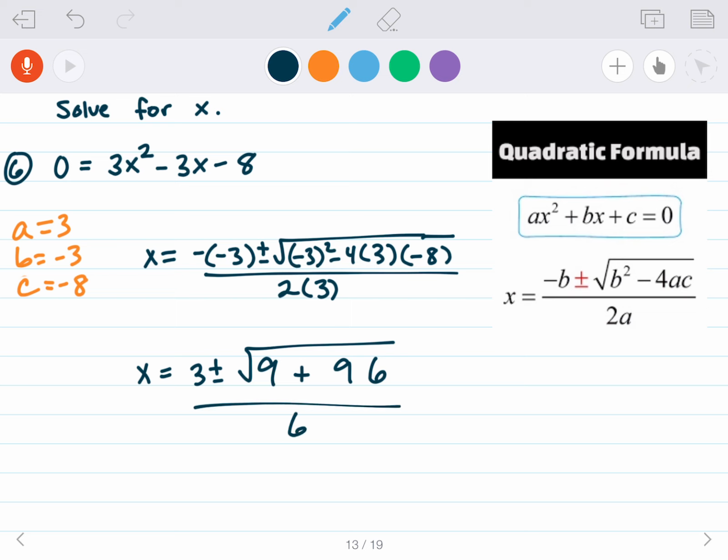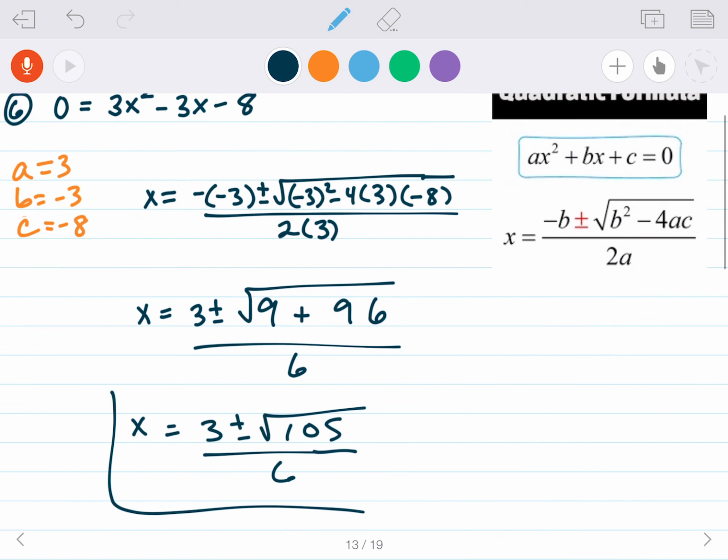All over 2 times 3 is 6. Now 96 plus 9 is going to be 105. Can 105 be simplified? I don't think so, no. So we're going to leave it like this. So these are my 2 zeros.